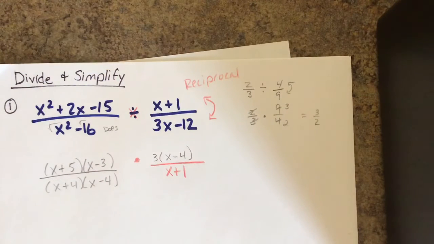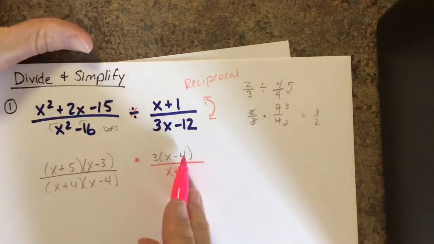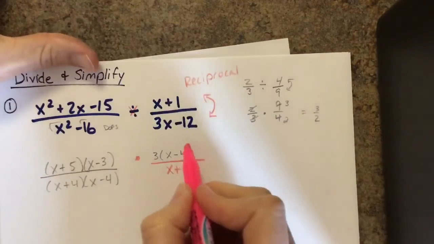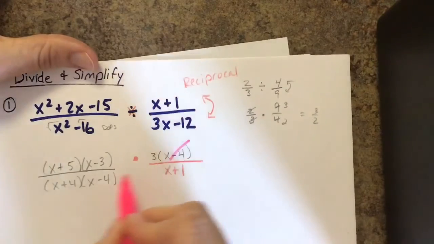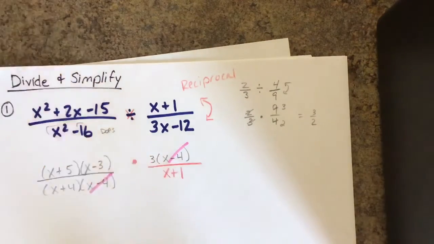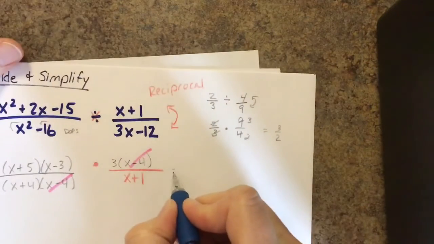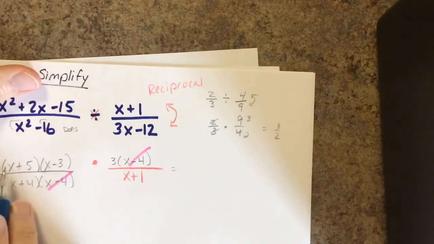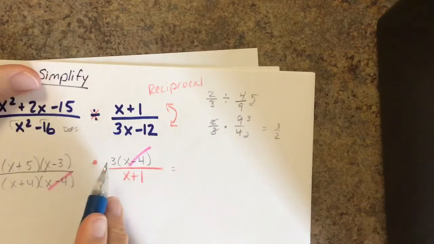Then you cancel. You have the same factor on the top and the bottom. And sometimes there's not that much you can cancel. The x minus 4s look like that's all I can do. At least one thing will cancel. Now, how do I write my answer? Well, on the top I have x plus 5, x minus 3, and 3.